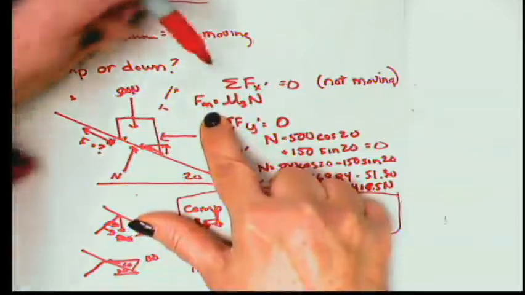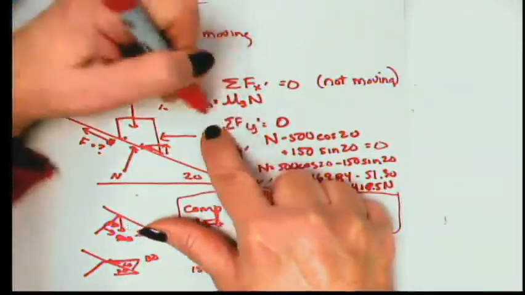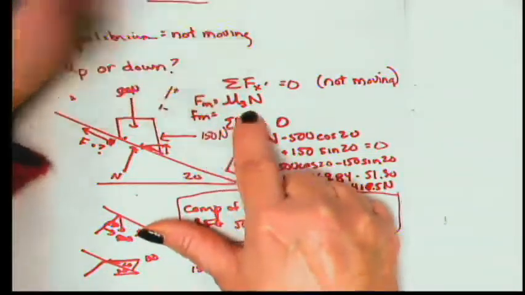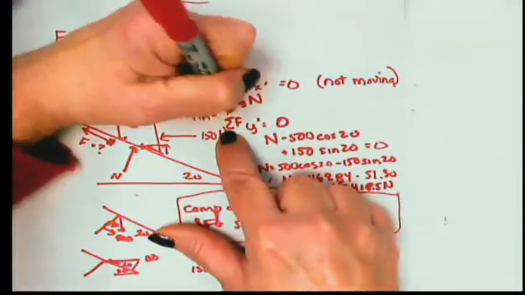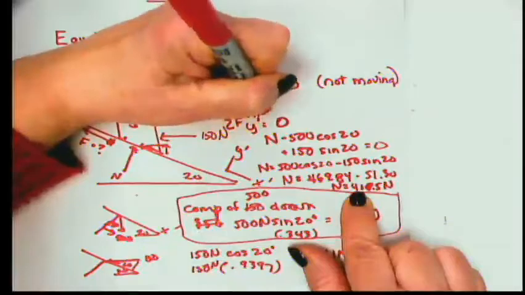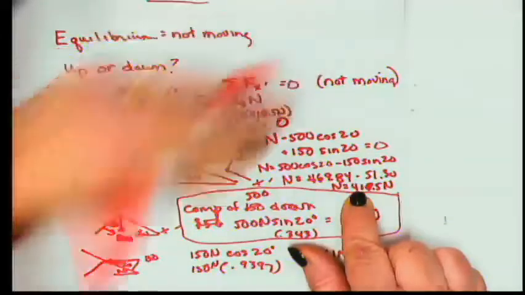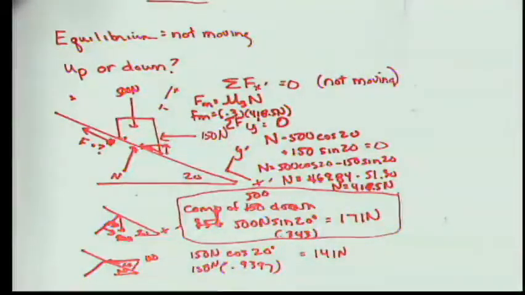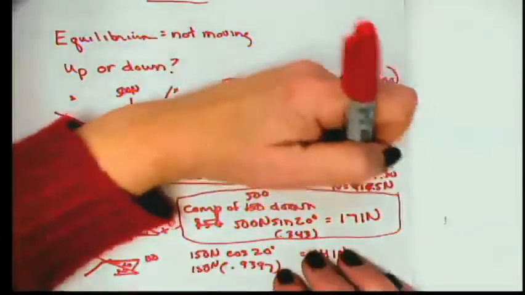All right. So now what we really need to see is, is it possible for F max to overcome that? So in other words, the maximum F sub m that I can get is mu s, which is 0.3, times the normal force, which is 418.5 newtons. And if I do that multiplication, I get 125.5.